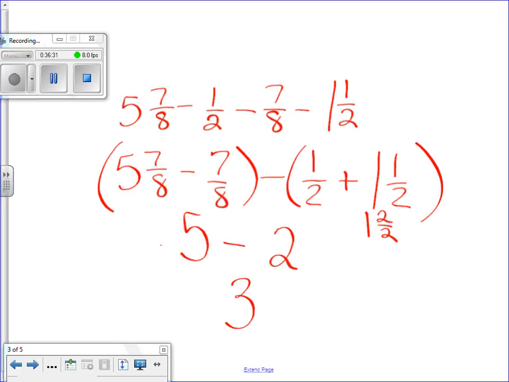So if I did this and I subtracted across the board, I would have to change this to a denominator of an 8. I would have to change this to a denominator of an 8. And then I would have to subtract all the way across. And it would be a whole lot more work.